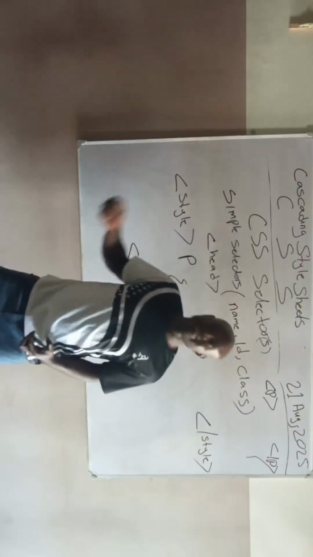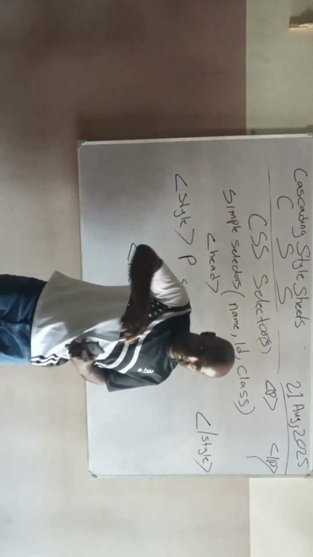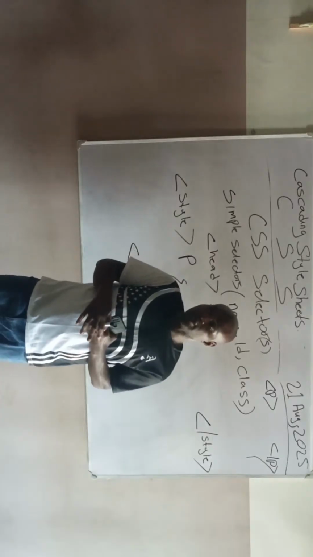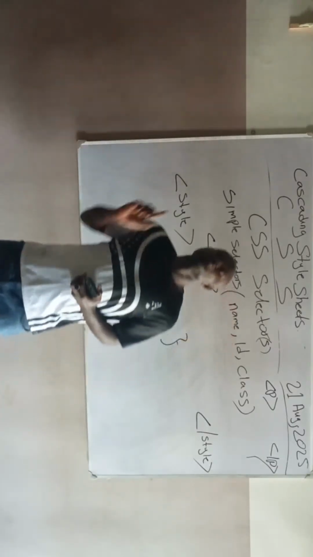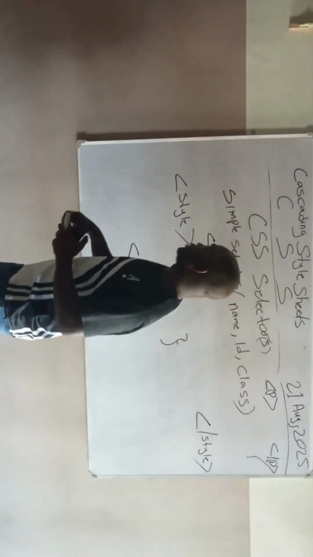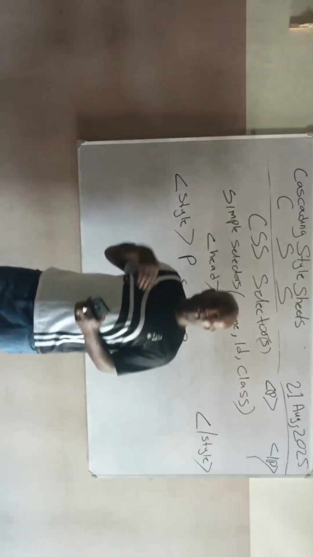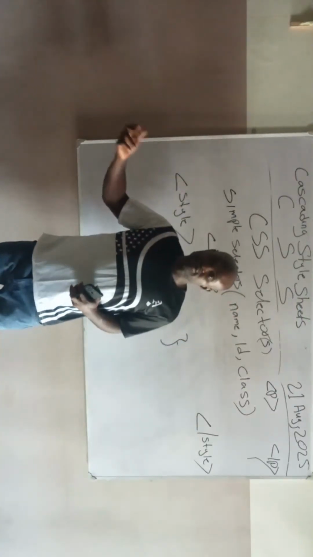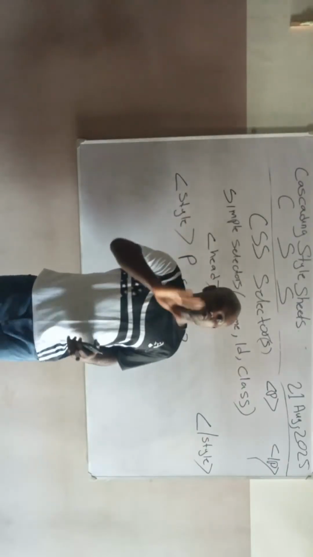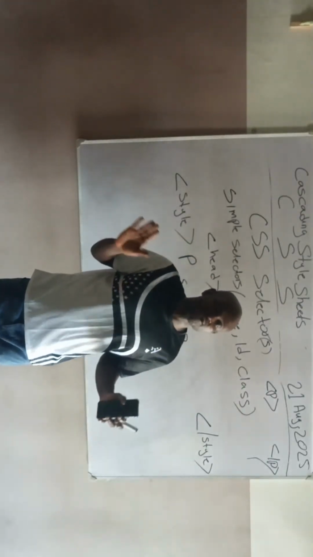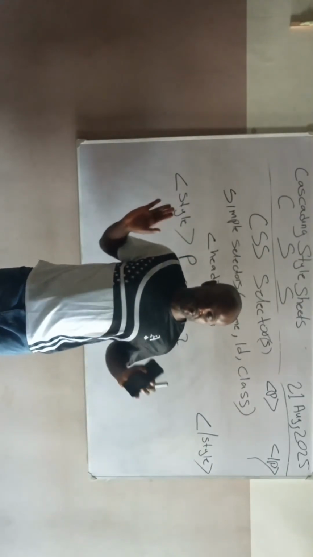But because it needs to import CSS, it introduced an element known as what? Style, to enable it to import what? CSS. So this style is just a tag used to import CSS into an HTML web page.